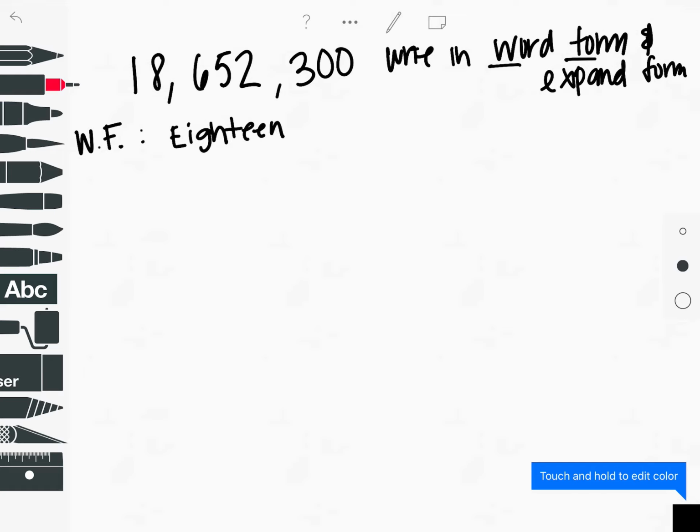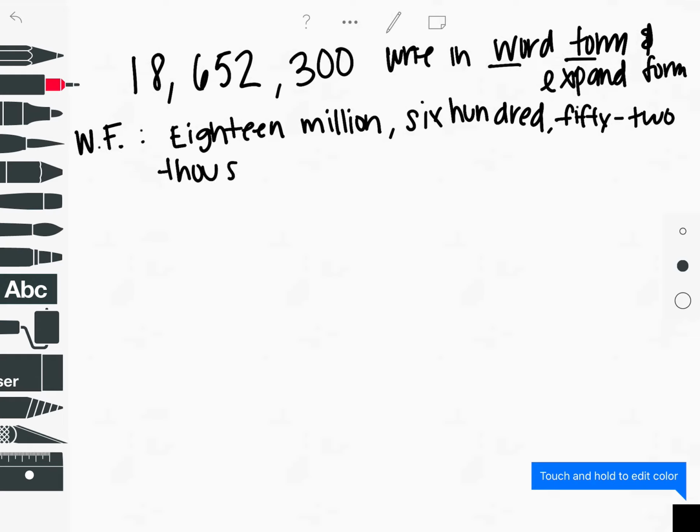Be careful with the spelling, you guys. Double check. 18,652,300. 652,000, because what place value are these numbers? They're in the hundred thousands. And then we're going to have 300. So that is our problem in word form.